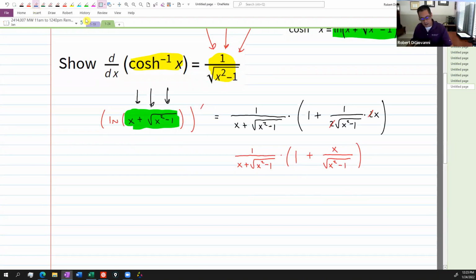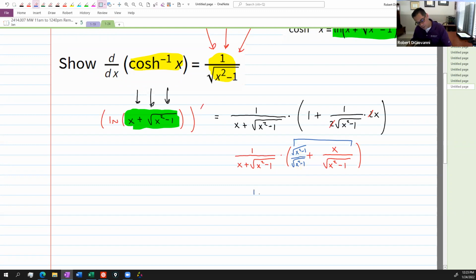So let's do that. Let's put these two together, which means I need to rewrite this 1 as a what? Root x squared minus 1 over root x squared minus 1. Right, that's the one that used to be there, but I need these to have the same denominator.